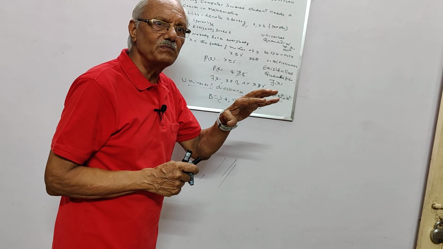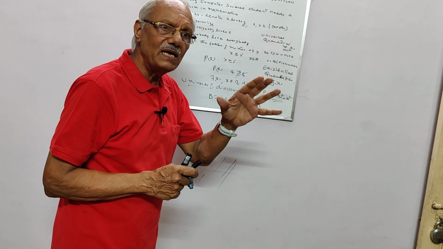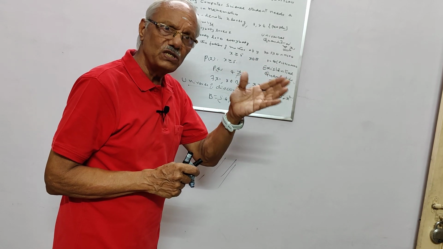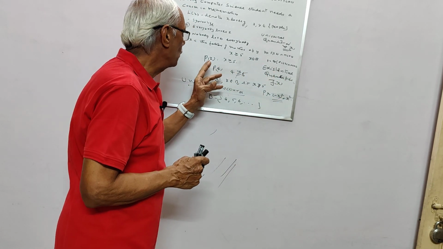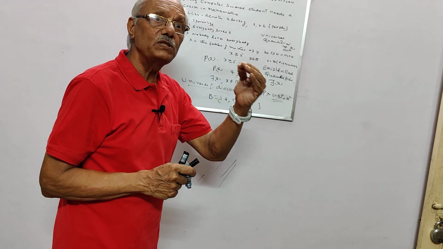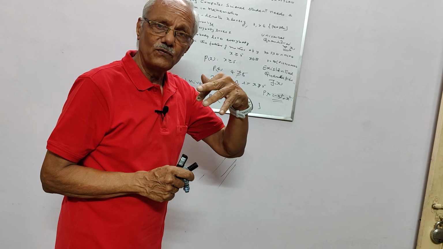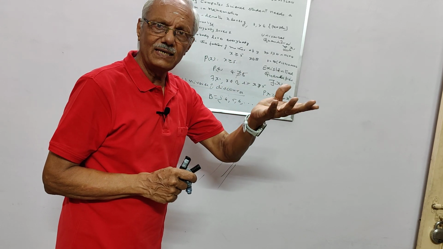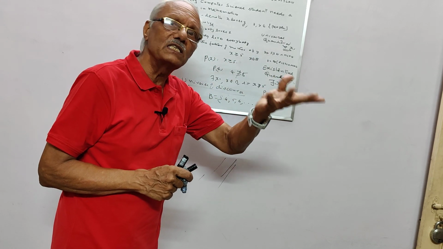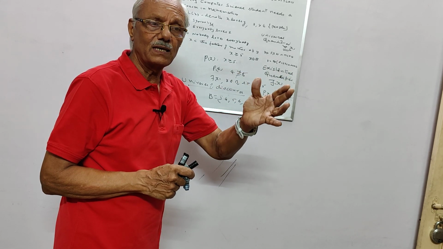So predicate calculus means where we deal with predicates, that is, propositional functions, which are also quantified. Quantification means only: for all and there exists. These types of quantifications come in the predicate calculus.